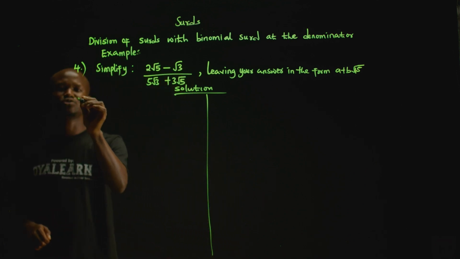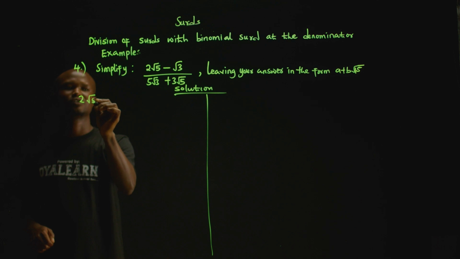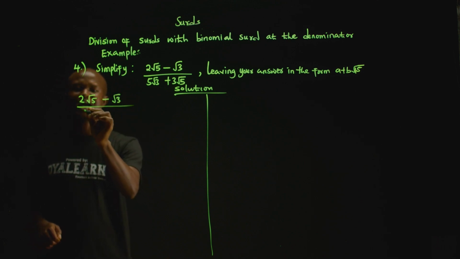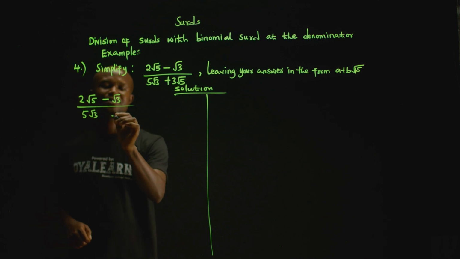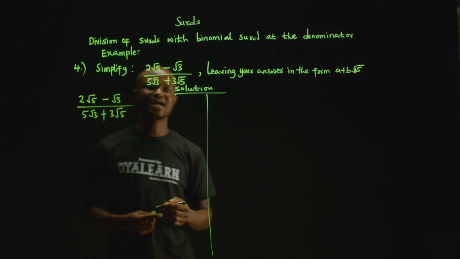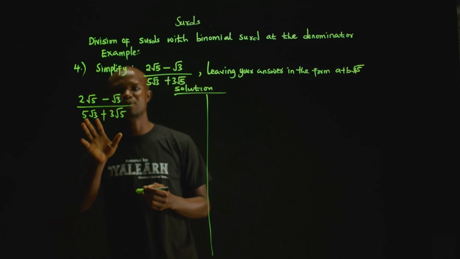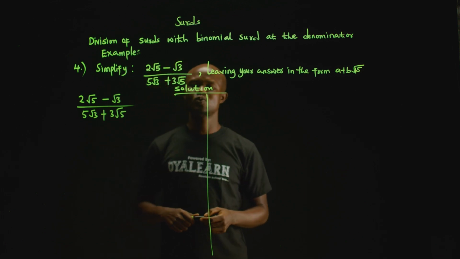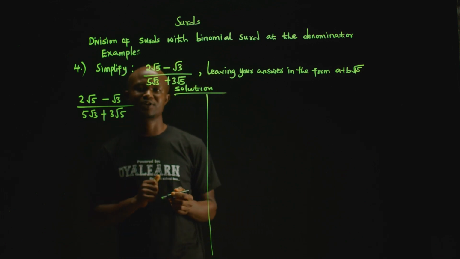We have 2 root 5 minus root 3 divided by 5 root 3 plus 3 root 5. Now in this case, the denominator is irrational. So what is the conjugate of the denominator?